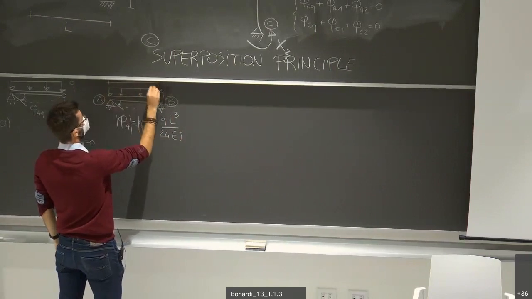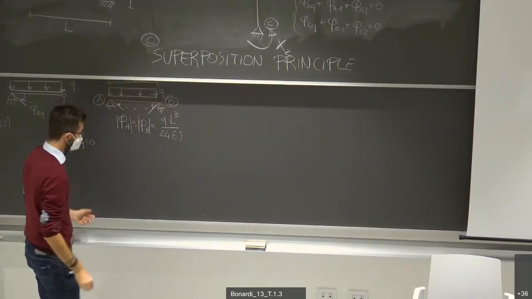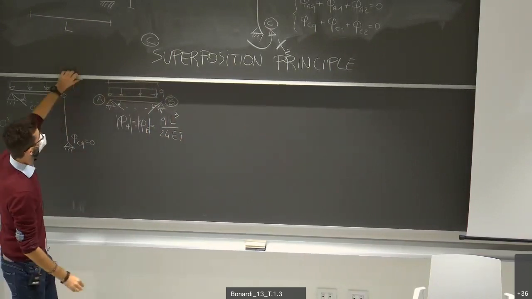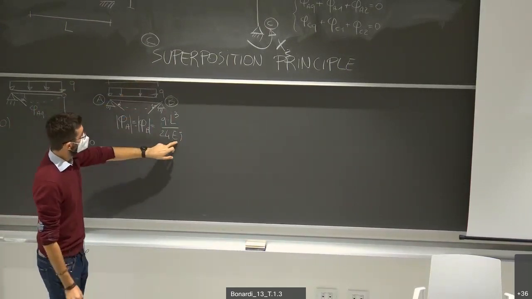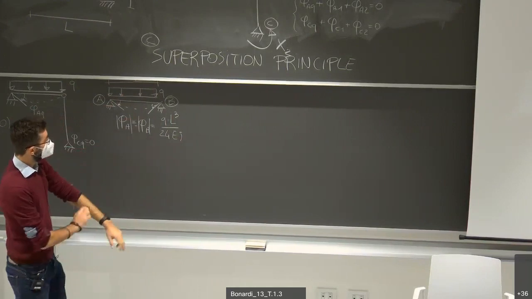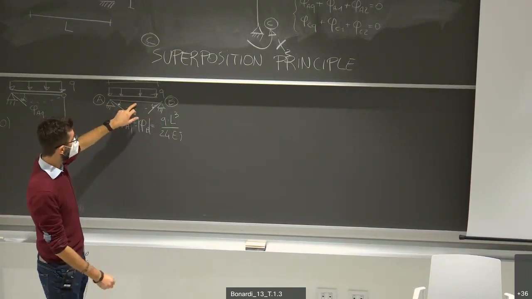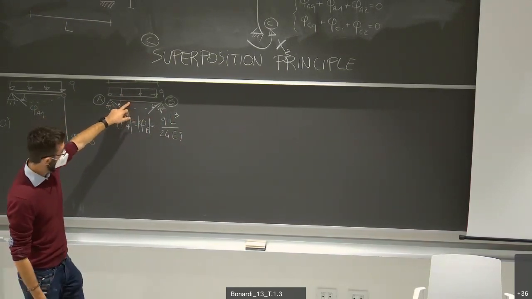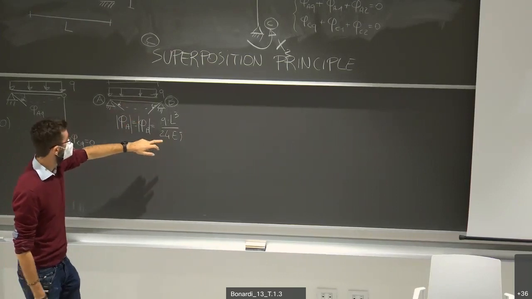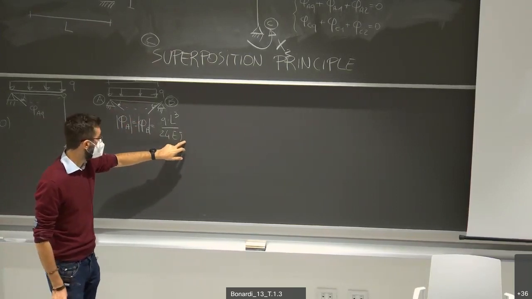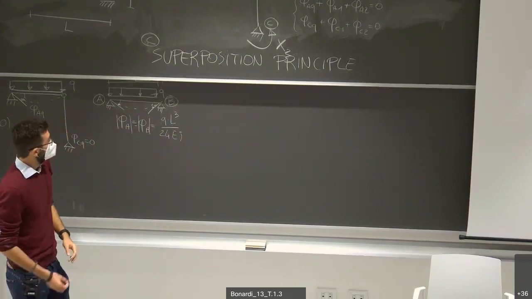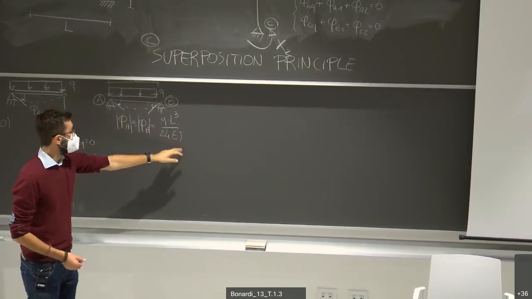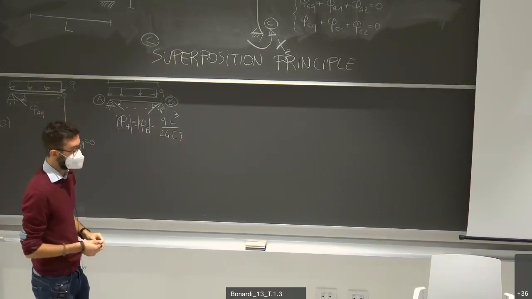L obviously is the length of the beam. E and I are respectively the elastic modulus of the material of the beam, so this depends on the material, and the moment of inertia of the section, which depends on the geometry of the beam.